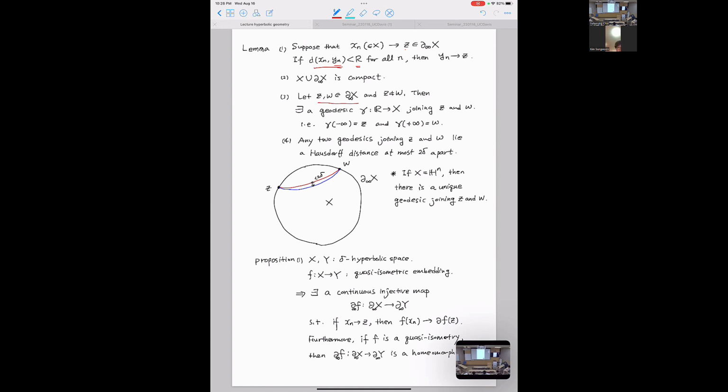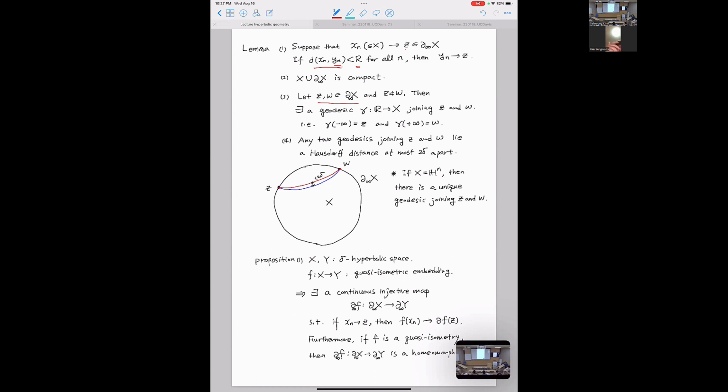Okay, so next, any two geodesics joining two distinct points g and w on the group boundary have Hausdorff distance at most two delta apart. That means that if you choose two distinct points on your group boundary, we know that there exists a bi-infinite geodesic joining them, but maybe the geodesic is not unique.